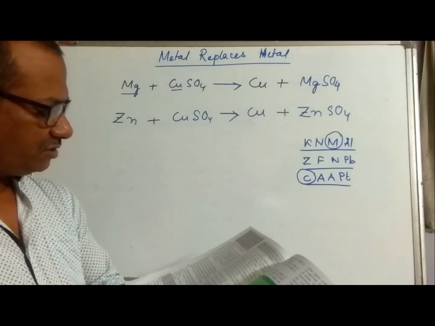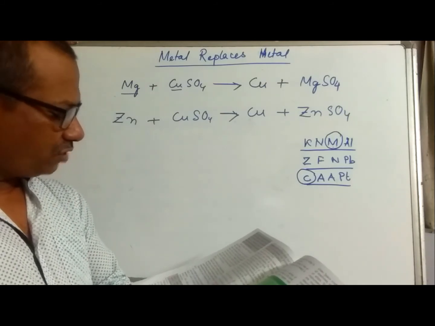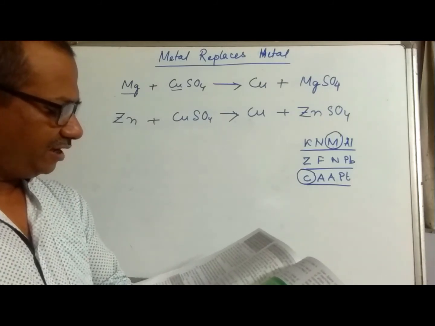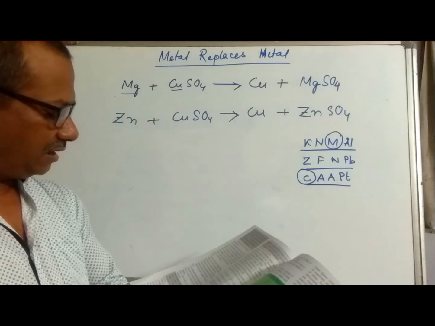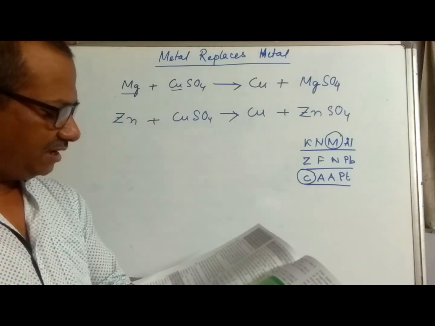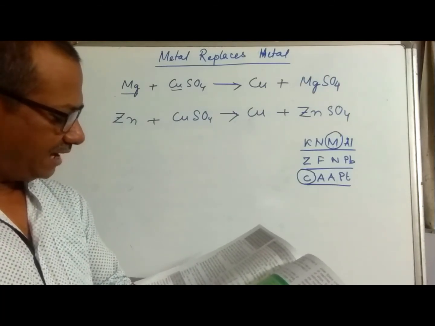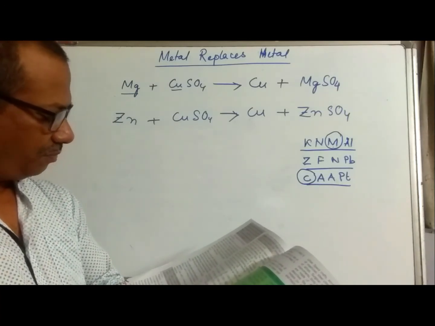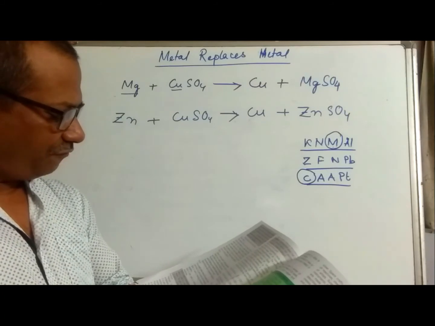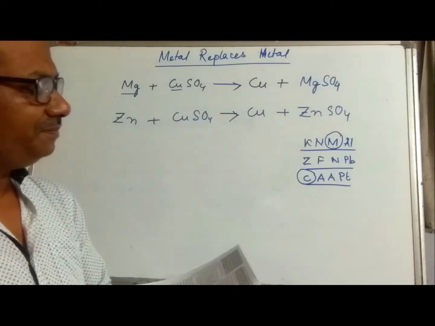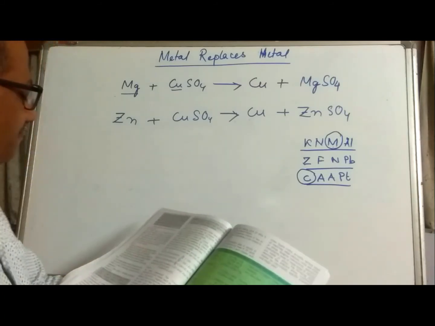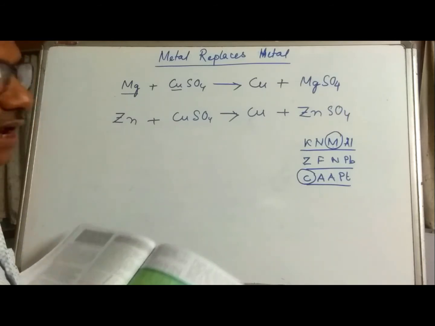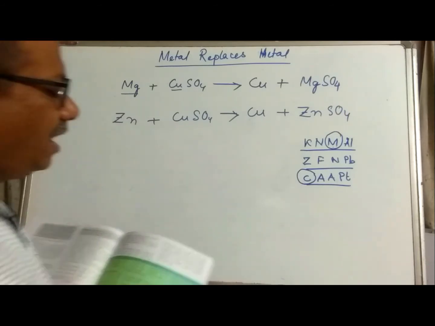It is also used as a catalyst in most reactions, mainly in reducing carbon monoxide pollution. Platinum is used in scientific instruments as electrodes. Platinum wire is used in the identification of many cations by flame test. So, these are the uses of silver, gold and platinum. You write it down and learn by heart.